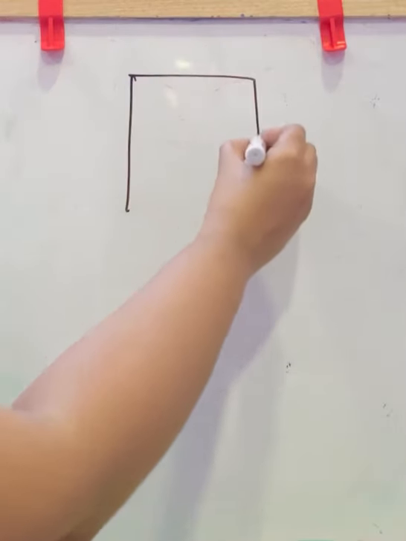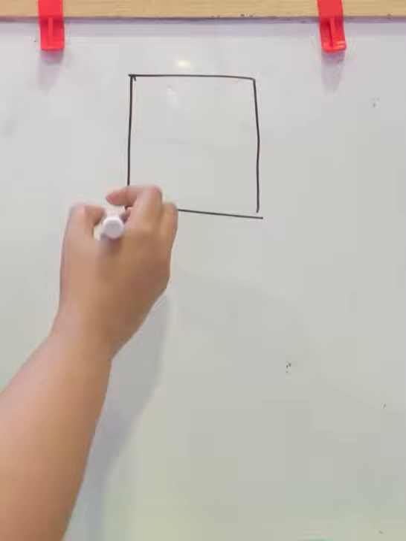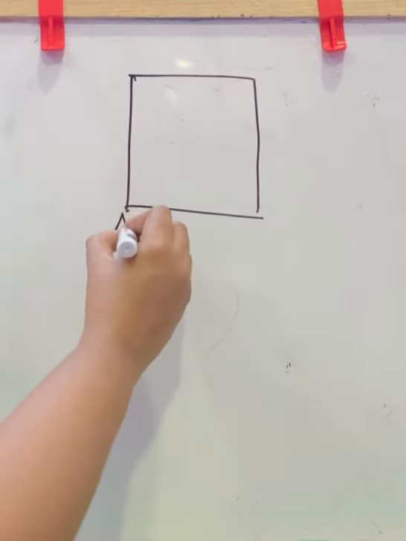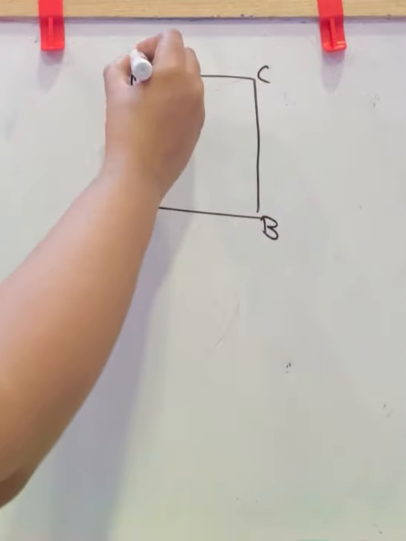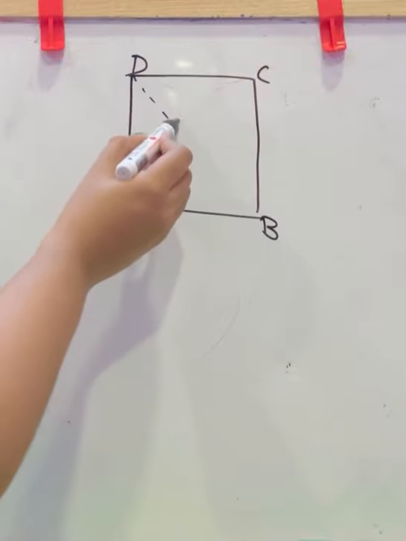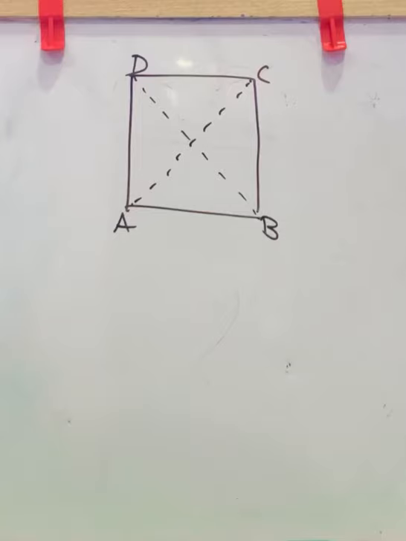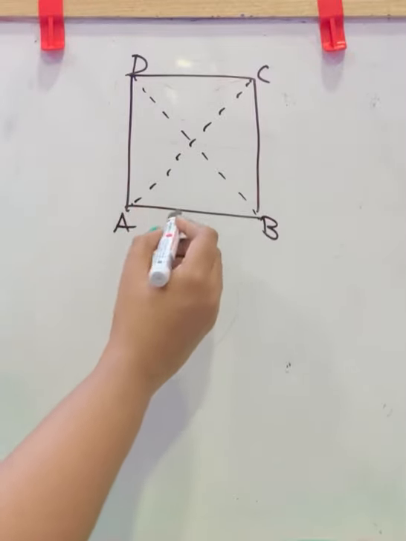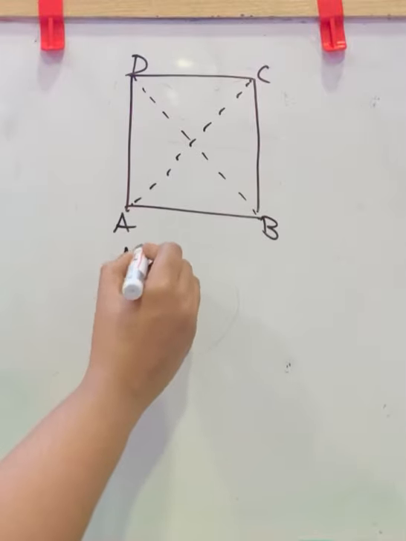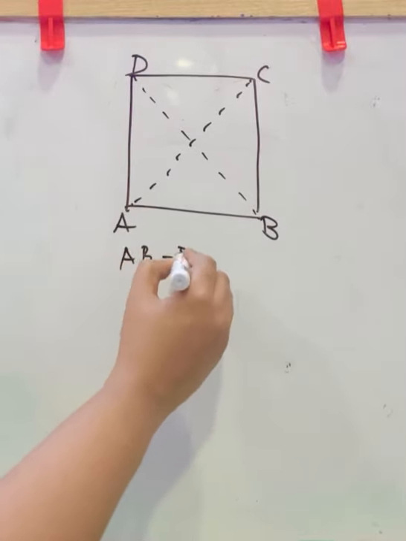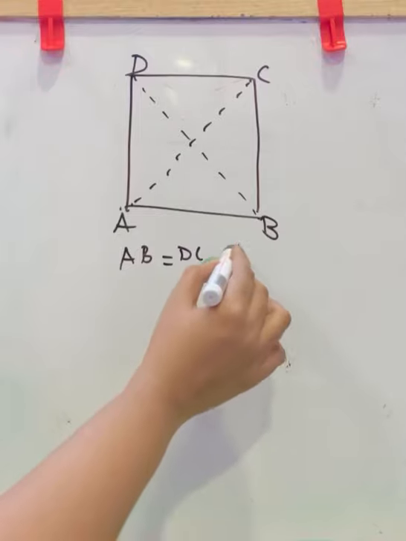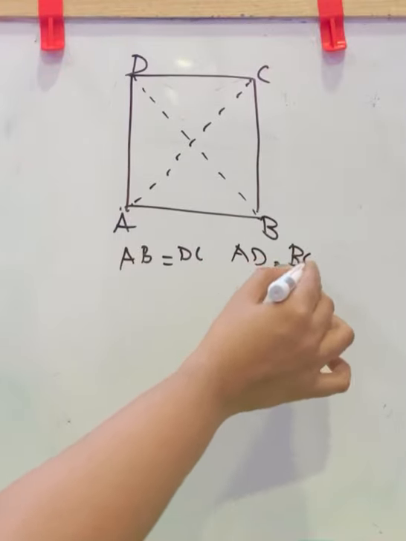Next is square. Let us name this A, B, C, D. Now the diagonals are BD and AC. Now square has the properties of a parallelogram because a square is a parallelogram. If it is a parallelogram, we can say opposite sides are equal. AB equal to DC and AD equal to BC.